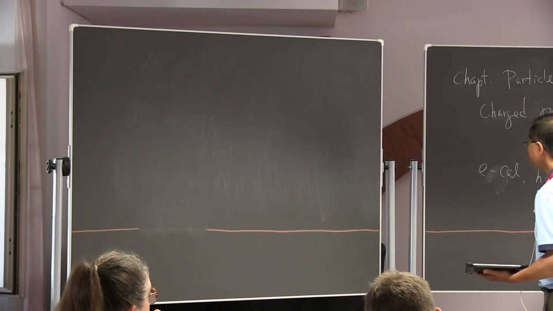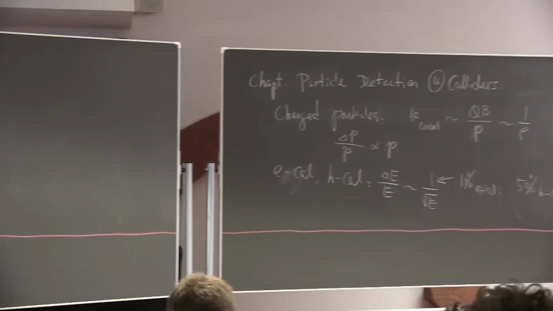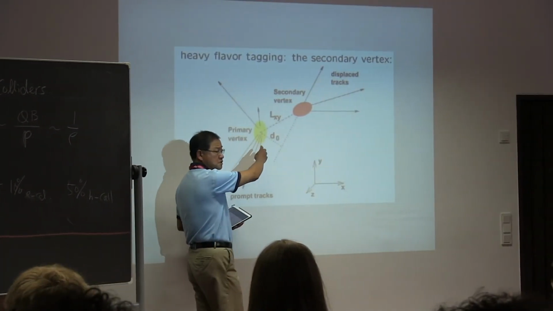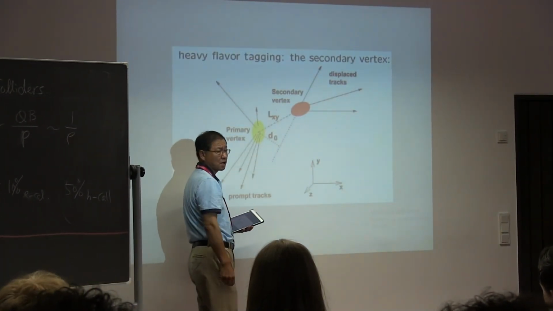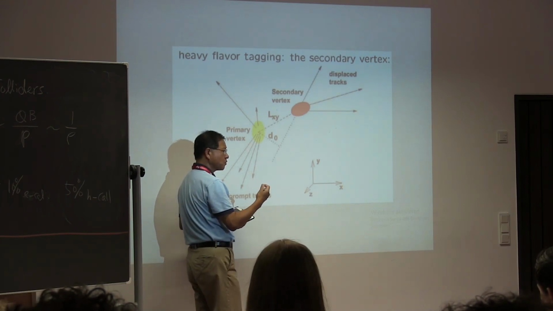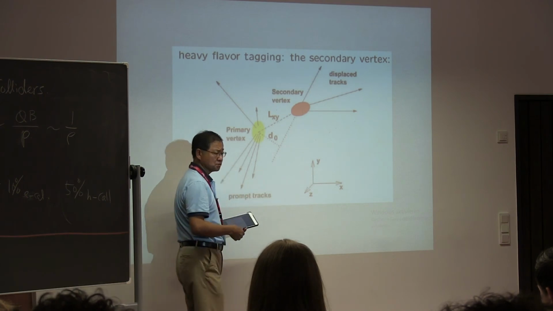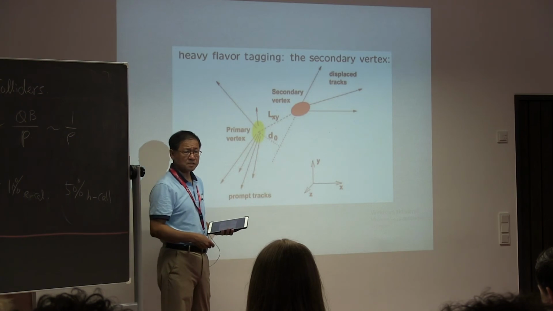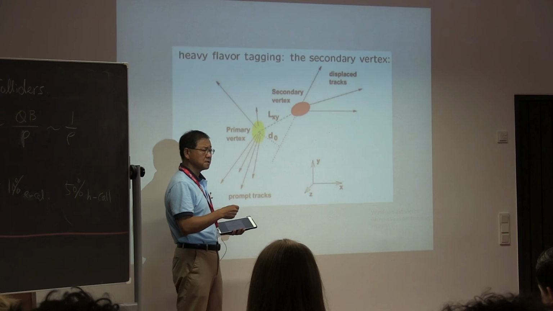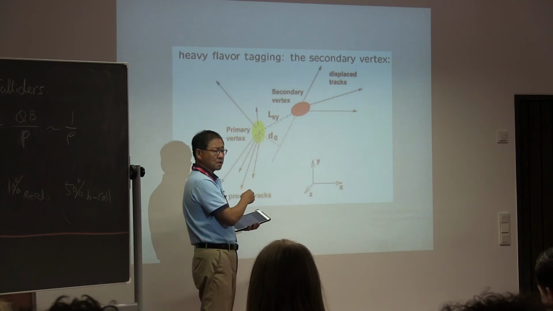They propagate long enough from this primary production vertex. This is the place the BB bar is produced largely by gluon fusion. But once they are produced, before the B quark, like the top quark, decays, the QCD interaction sets in at 10 to minus 22, 23 second in that region, and then this B quark forms the B meson. But the lifetime is rather long.